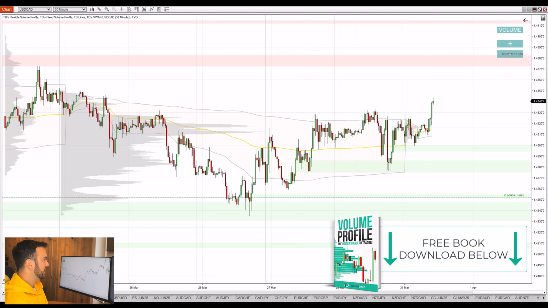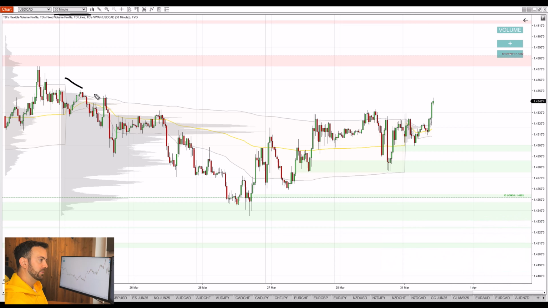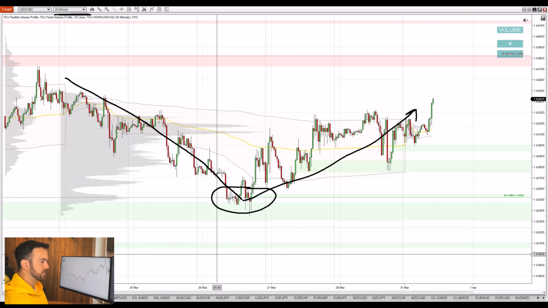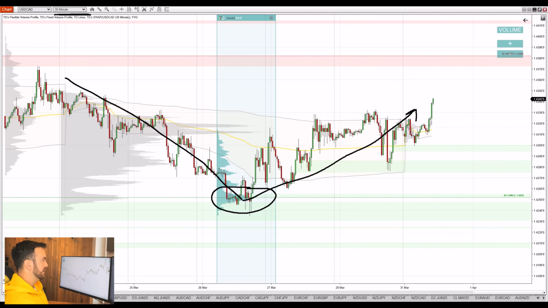On the US dollar, Canadian dollar, what you see before you is a 30-minute chart, and what I wanted to point out is this downtrend turning into this uptrend. The place where the trend changed was this one, right? This place. Now, if you look into the volume distribution in this area, you can see that there were actually pretty heavy volumes there.